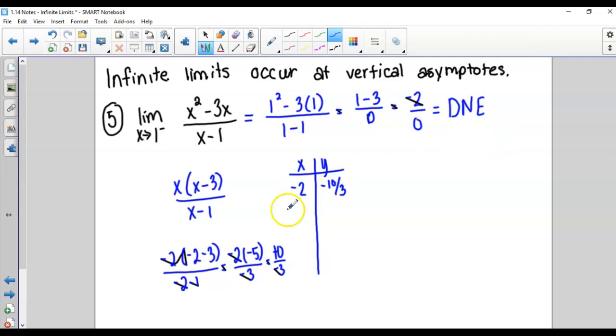And then I could plug in negative 1. Negative 1 times negative 1 minus 3 over negative 1 minus 1 is going to give me positive 4 over negative 2, which is negative 2.